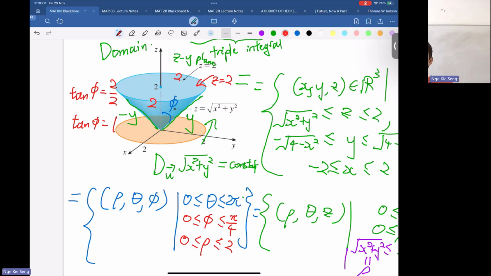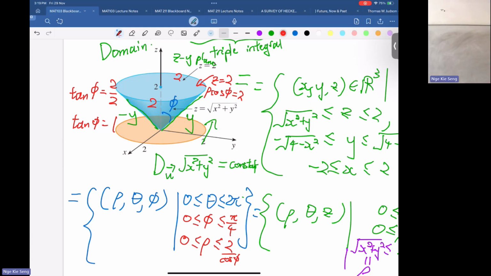Z equals to rho cos phi. So this is the plane you need. Rho cos phi equals to 2. Okay, so what's your upper bound here? Your upper bound is 2. Sorry, not theta, it's phi, right? Okay, so it's just 2 over cos phi.